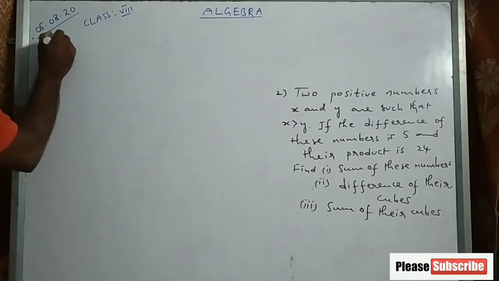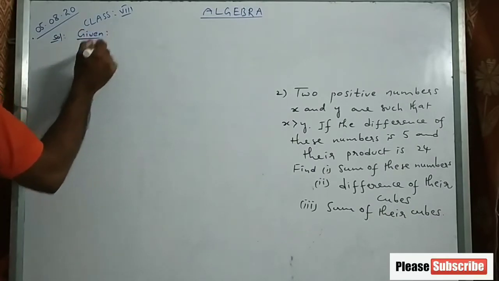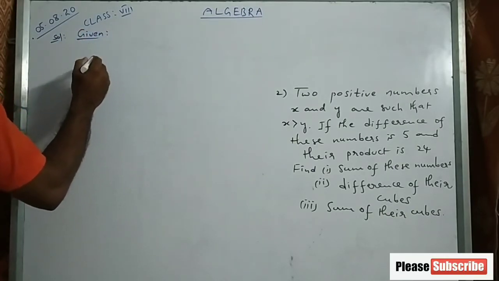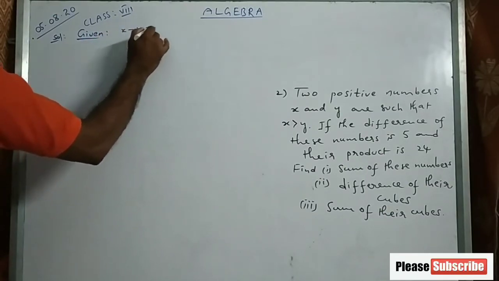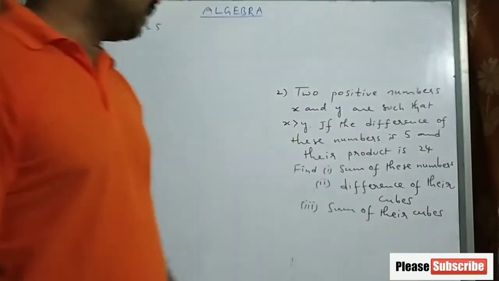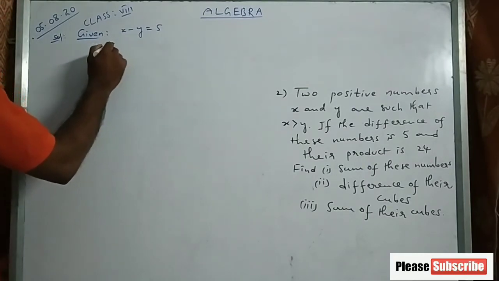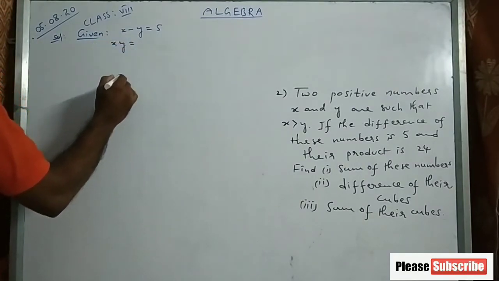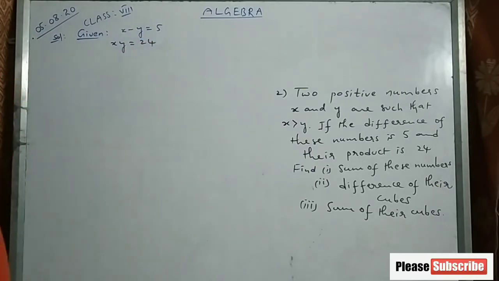So what is given? The difference of these numbers is 5, meaning x minus y equals 5. They only gave here that x and y are two positive numbers. So x minus y equals 5 and their product is 24, so xy is 24. Right?